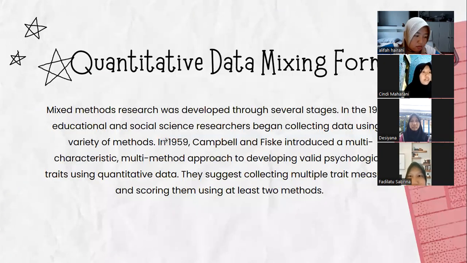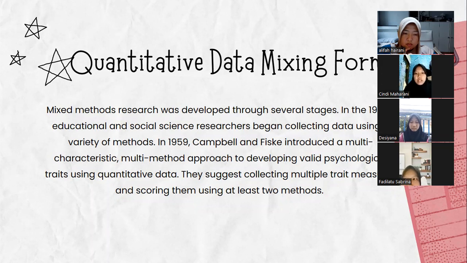There are five. The first one is quantitative data mixing forms. Mixed methods research was developed through several stages. In the 1930s, educational and social science researchers began collecting data using a variety of methods.